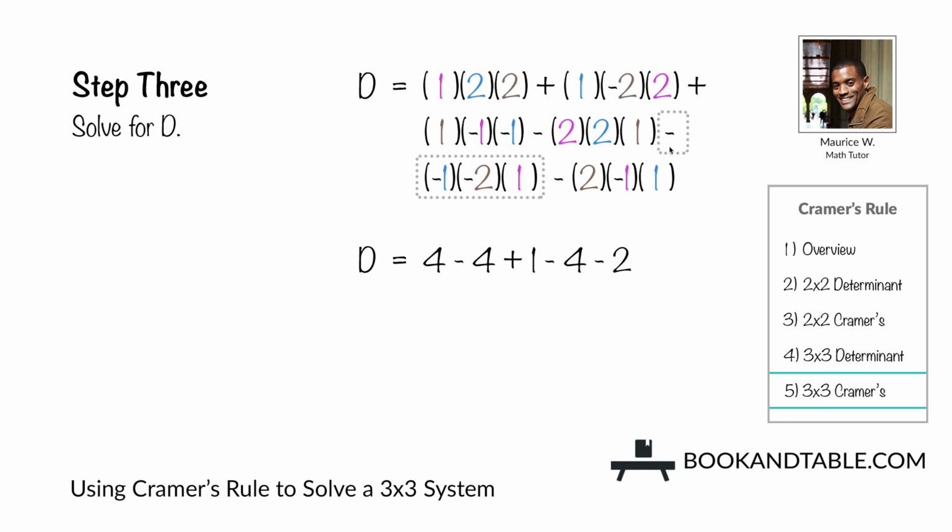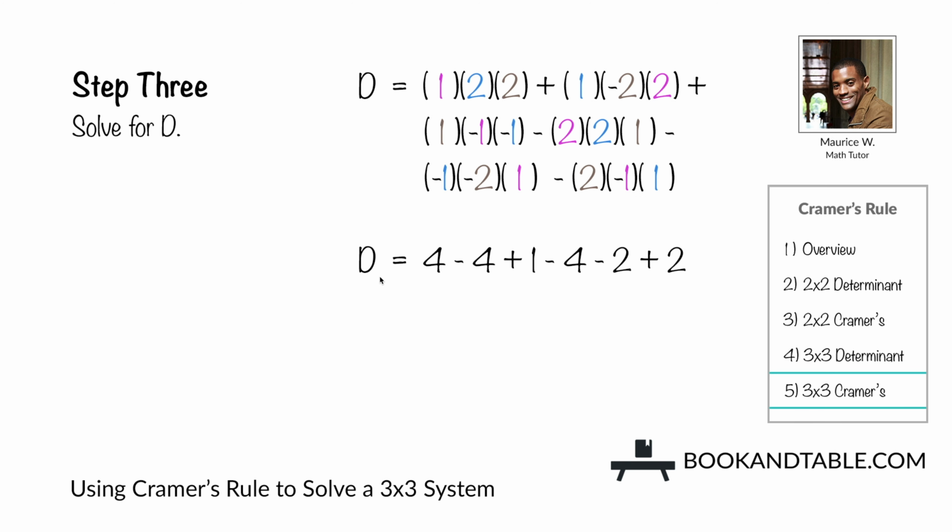Then we have -1 times -1, which is +1. 1 times -2 is -2, and -2 times 1 is -2. -1 times 2 is -2. -2 times -1 is +2. And +2 times 1 is 2.